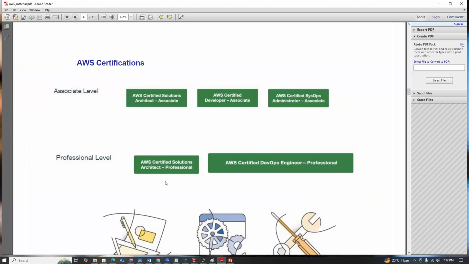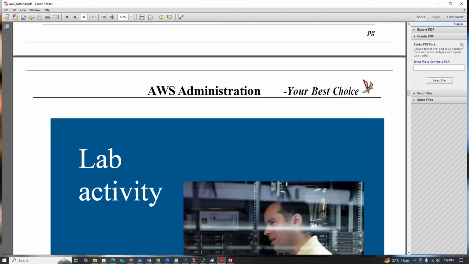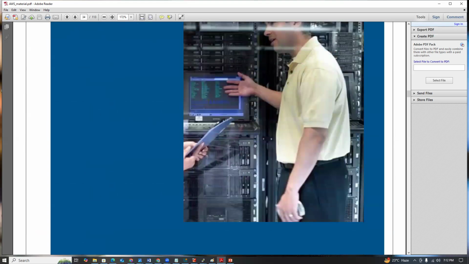Then there are AWS Certified Developer Associate, AWS Certified SysOps Administrator Associate, and AWS Certified DevOps Engineer Professional. So Solutions Architect, Developer, and SysOps. Guys, understood? This is nothing but AWS.